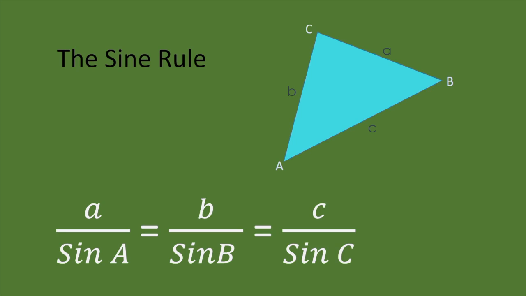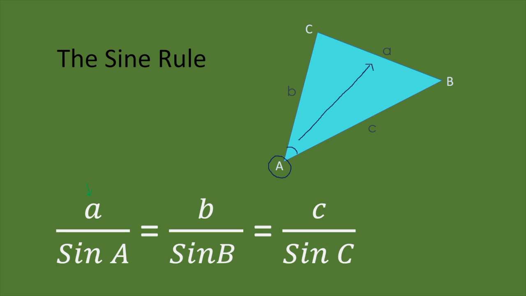Let us see. Here we have the simple a, the lowercase a, over sine A, that is the opposite. Let me use a different color. This is the uppercase A. This angle A, we can apply the sine of A, and the side opposite to this is marked in lowercase a.